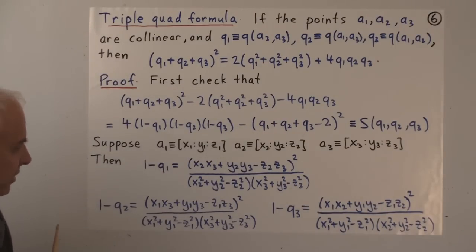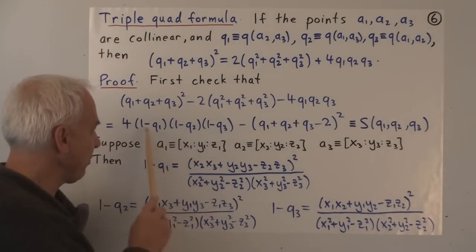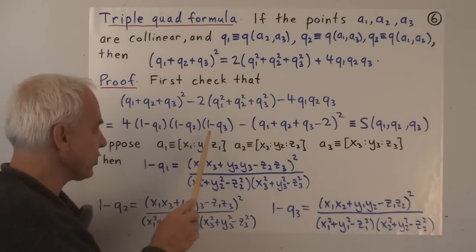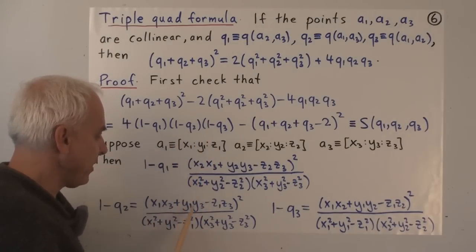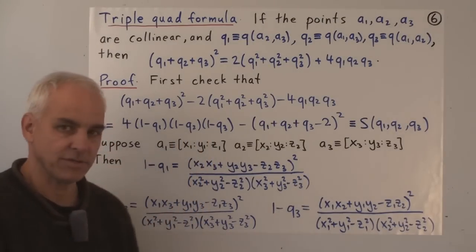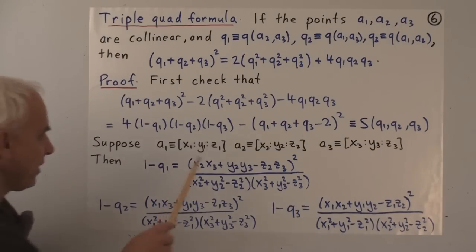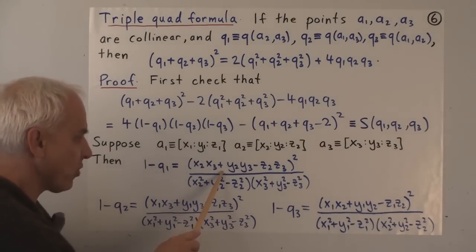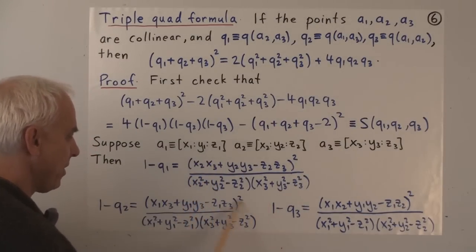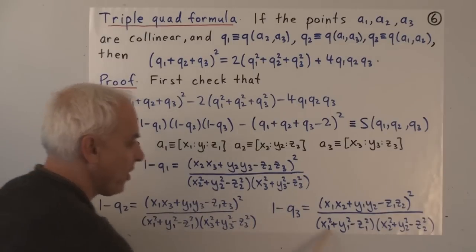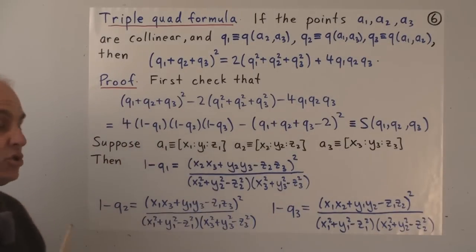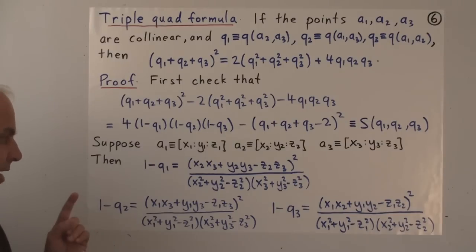Now let's consider for a second what would happen if we replaced 1 minus q1, 1 minus q2, and 1 minus q3 with these 3 expressions. We would get something that's a square. That's the important point. If you take this thing, it's not a square, but if you multiply it with this one and with this one, then you do get a square. Why?